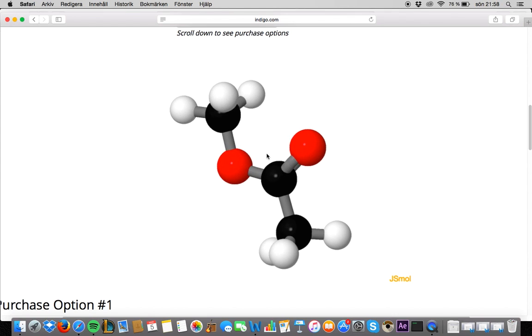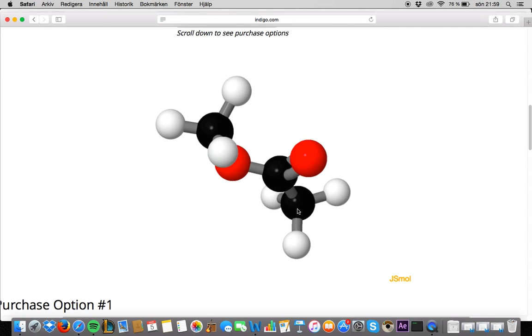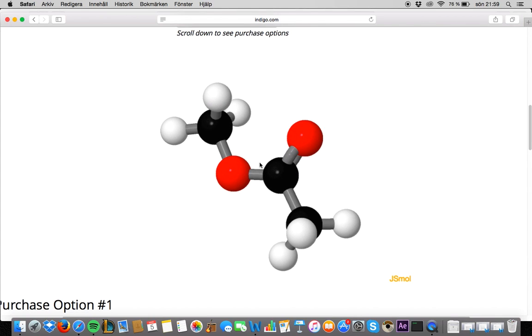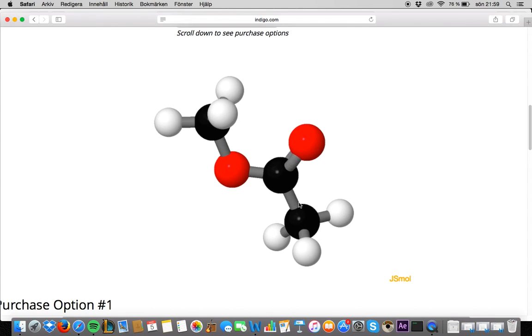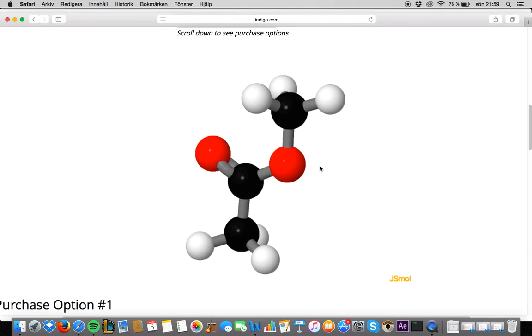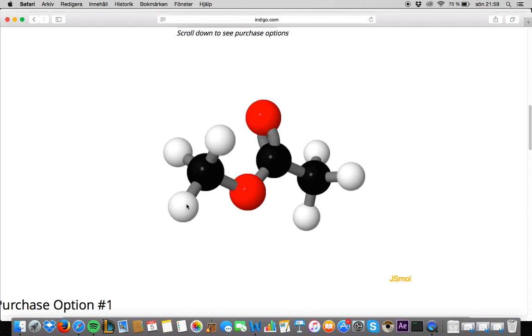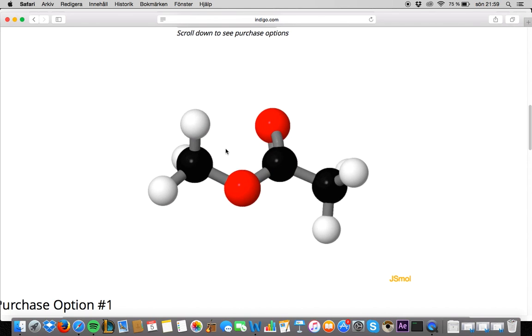So this central carbon, or this ketone, basically makes a bond angle of 120 degrees and makes a trigonal planar molecular geometry. And then this other oxygen atom makes a V-shaped molecular geometry and has a bond angle of less than 120 degrees.